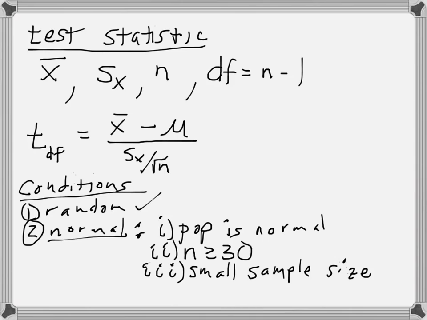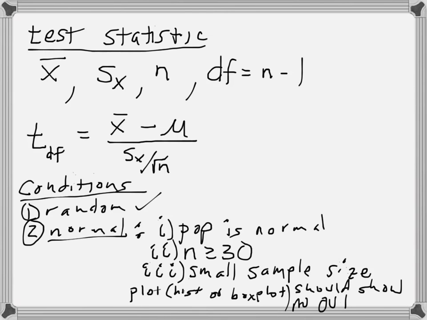For small sample size, just like last chapter, you should plot the sample data, in a histogram or box plot is nice. So the plot should show no outliers or skewness.